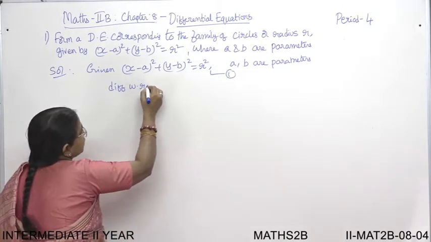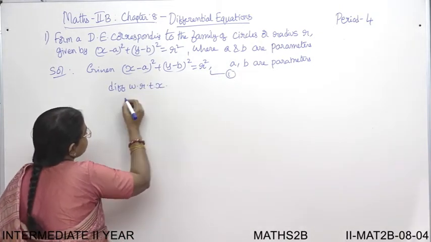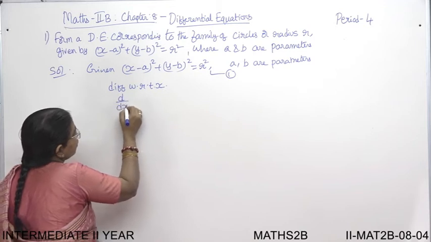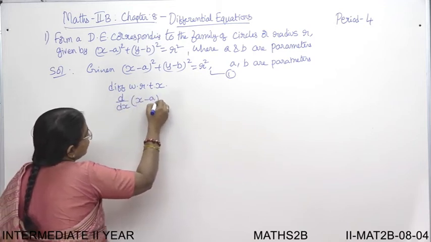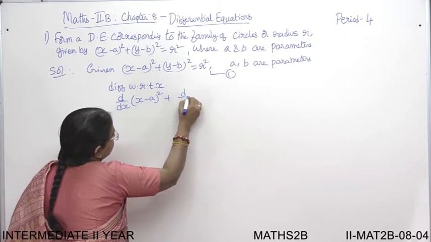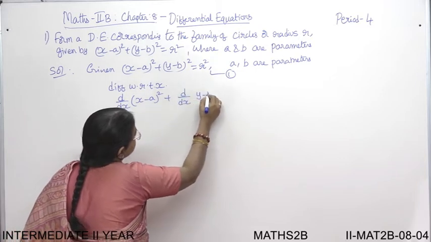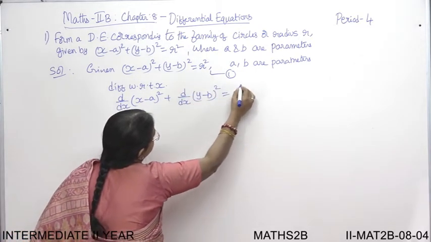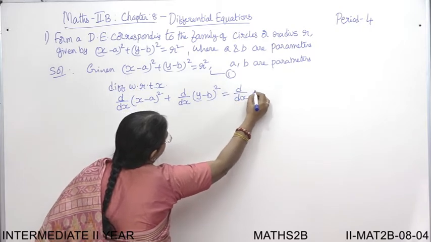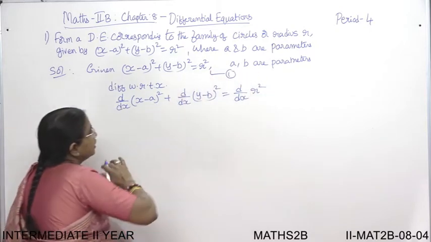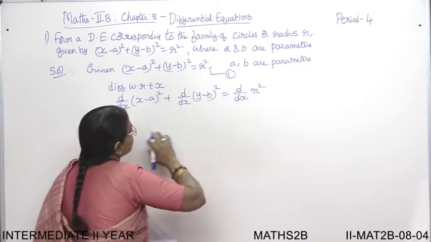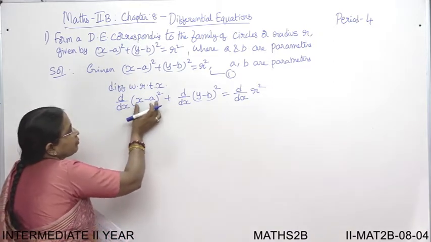Now differentiating with respect to x. So what is the derivative of (x minus a) whole square? And then the derivative of (y minus b) whole square is equal to the derivative of r square. Radius is fixed, so it is a constant and its derivative is 0. Now this is in the form x to the power n.